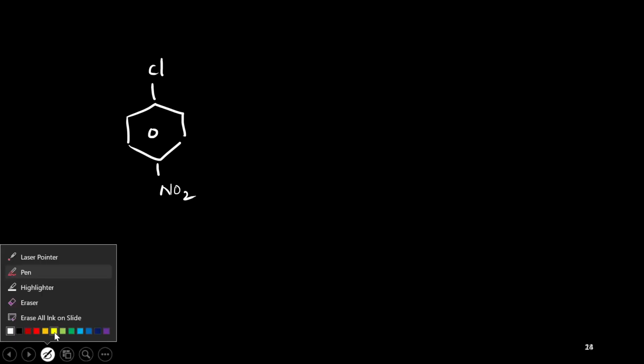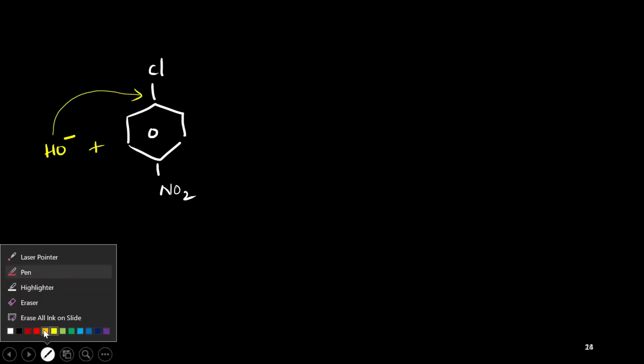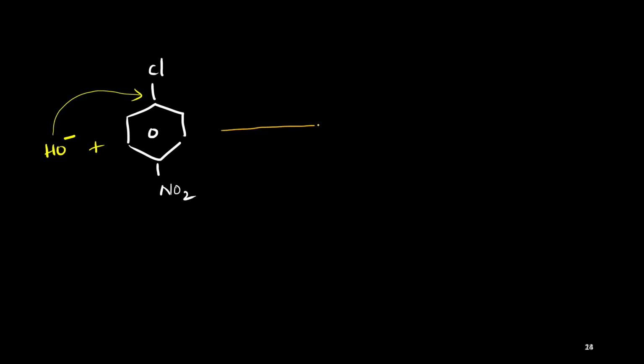There is a benzene ring attached to a halide, and let's say another group, NO2, is also attached. When a nucleophile attacks, let's say the nucleophile here is OH minus, attacking the carbon bearing the chlorine, it will undergo the addition process.